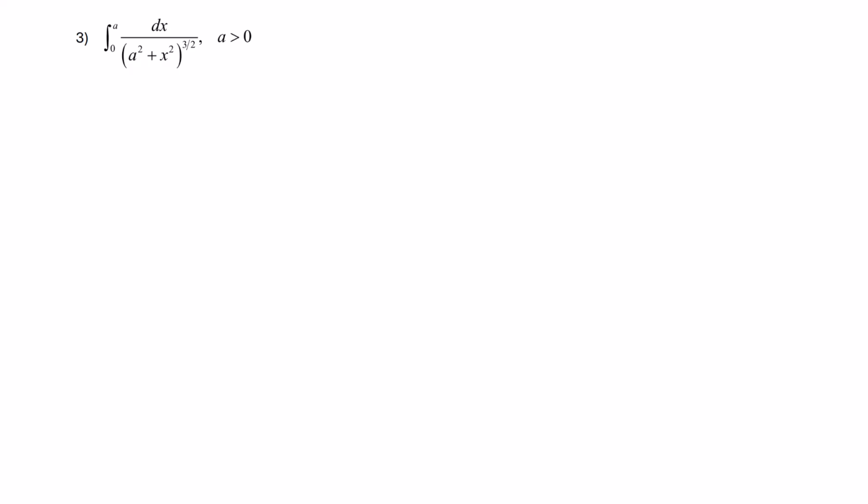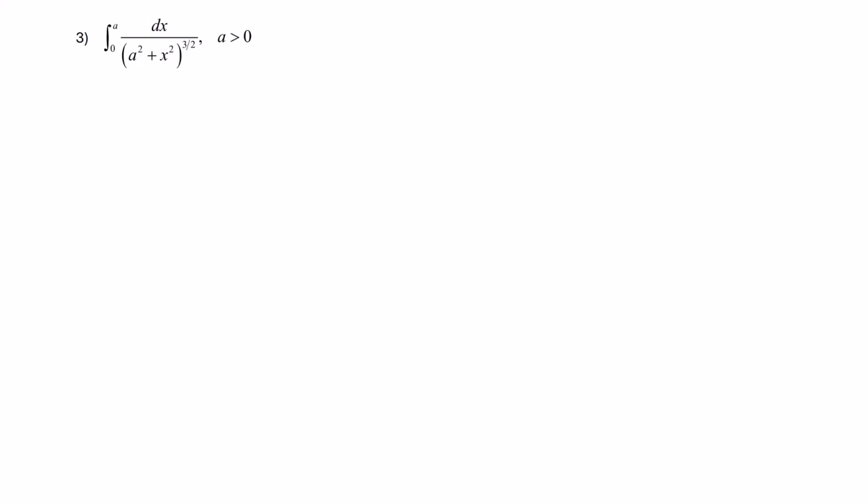All right, our third example is the following. We have the definite integral this time. So definite integral from 0 to a as our bounds, lower bound 0, upper bound a. And then the integrand is a fraction whose numerator is given as just dx, which I know normally is at the end. We'll explain that in a second. It's the same thing as being up there, but times 1.